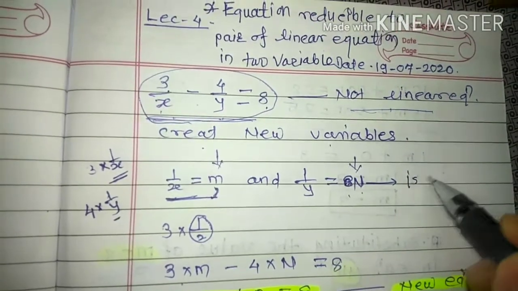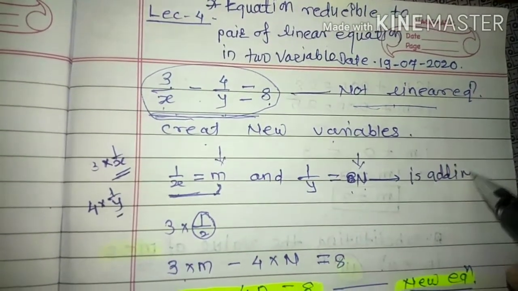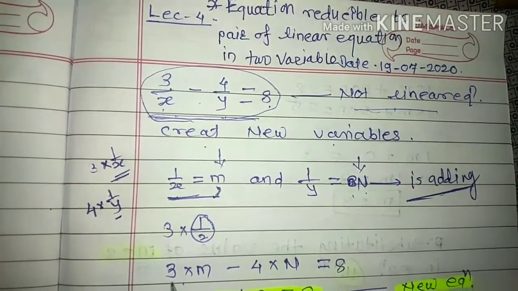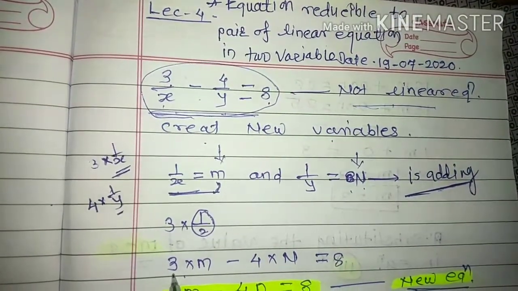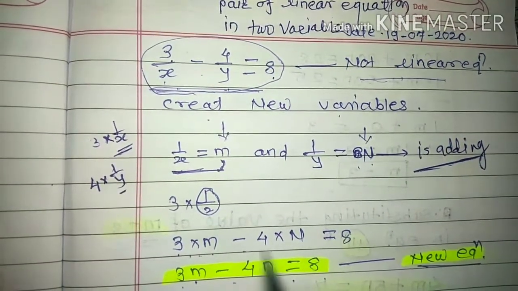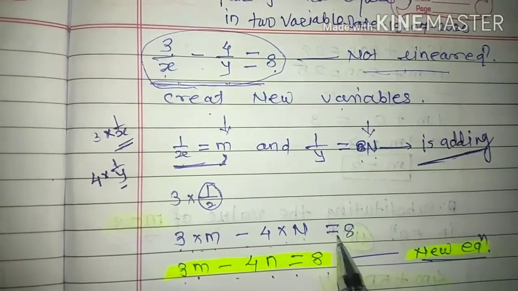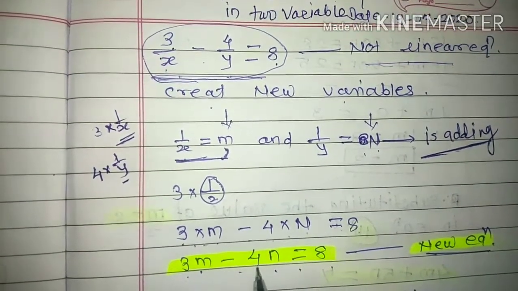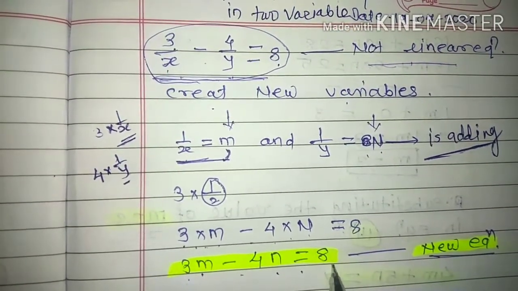Therefore the new form is 3m - 4n = 8. This is the new equation.